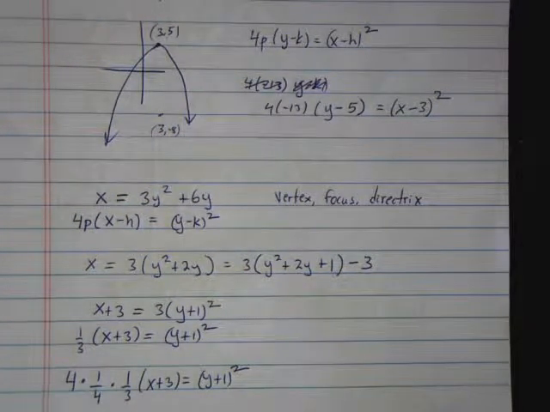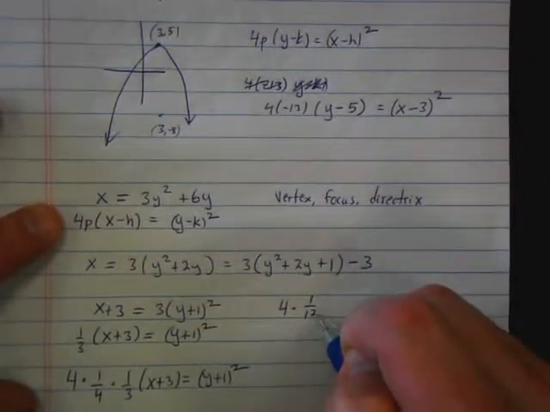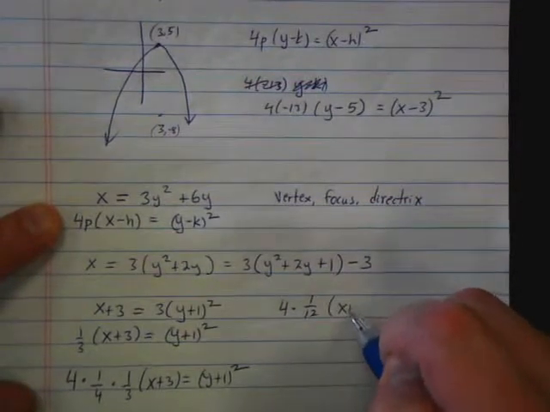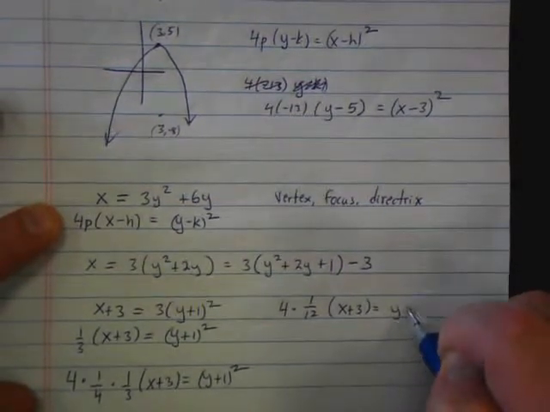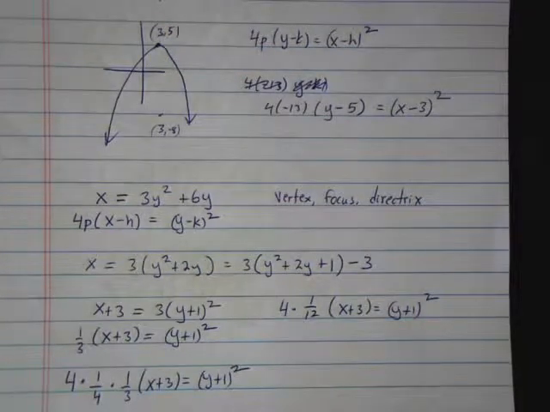So my equation, written in the proper format that I need, is 4 times 1/12 times x plus 3 equals y plus 1 squared. So p, in this case, turns out to be the number 1/12.